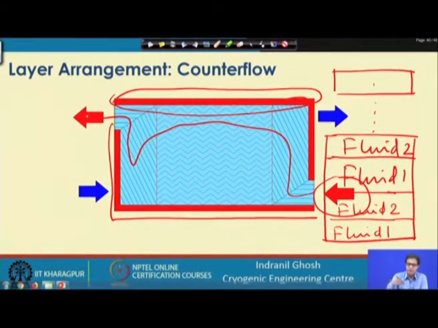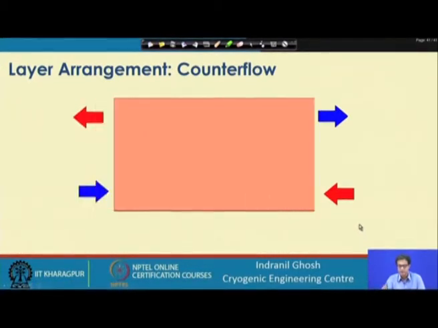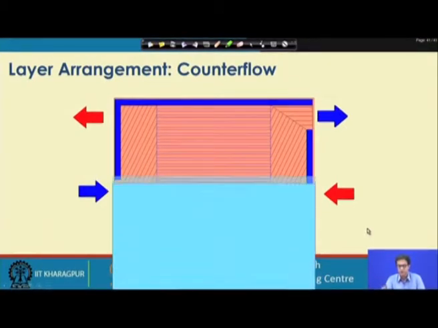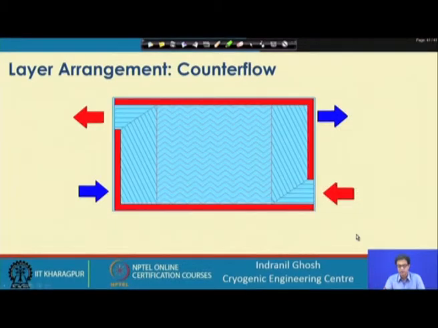So, now if we look into the other layers, as we have said, there would be multiple layers. So, we may need another fluid 1, and on top of it we will put another separating plate, and on top of it again we put another fluid.